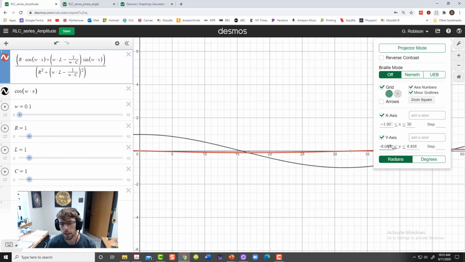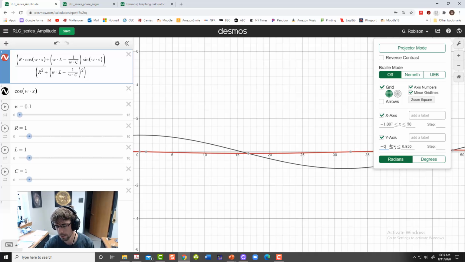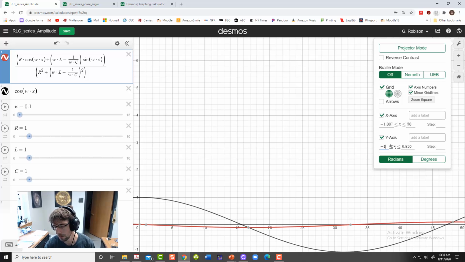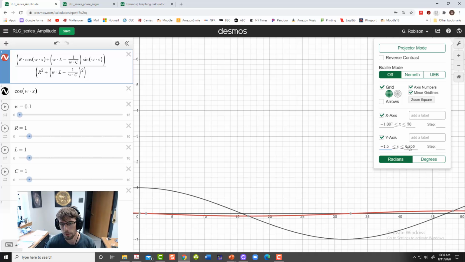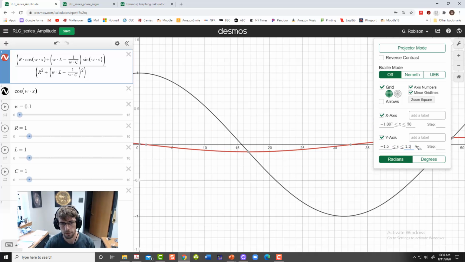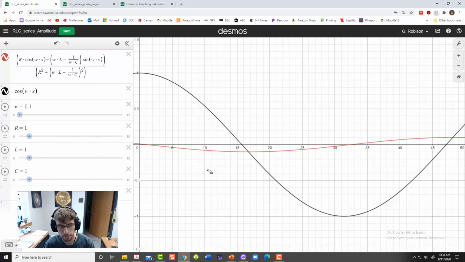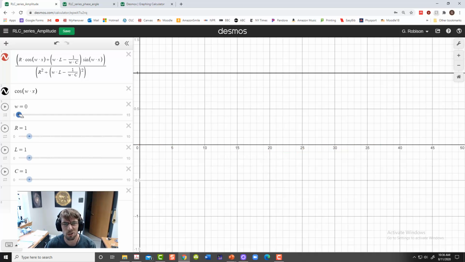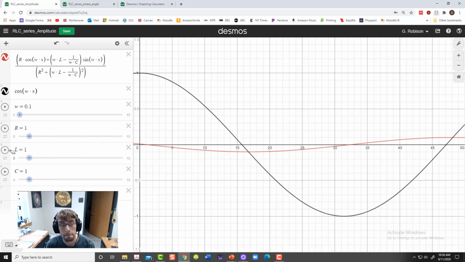Let me go ahead, I'm not happy with this axis, so I'll put in 1.5 and 1.5. Hopefully that'll help us out. And you notice that if I put in 0, nothing, boring, but I'll put in a really small value, 1/10 of a radian per second. And you'll notice the amplitude of the red line is rather small.